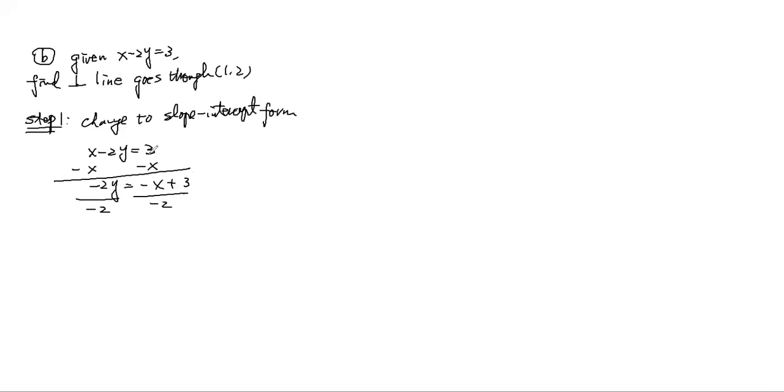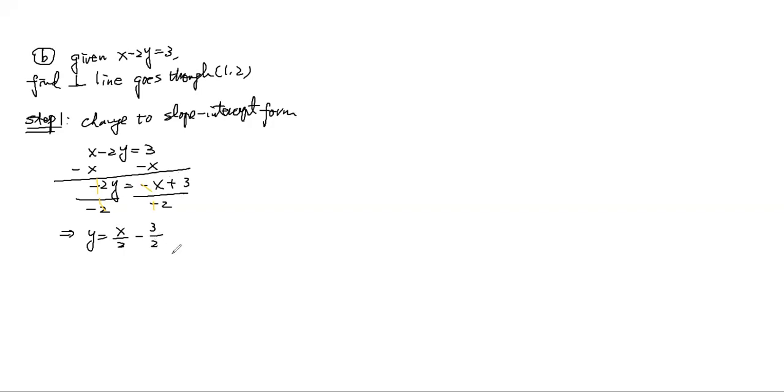When you divide by negative 2, the negatives cancel, so y is equal to 1/2 of the x. You still have minus 3/2.